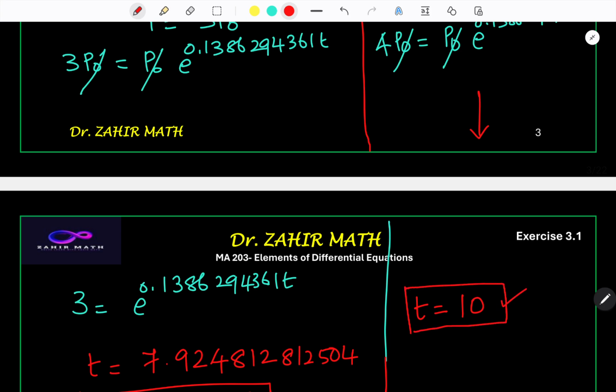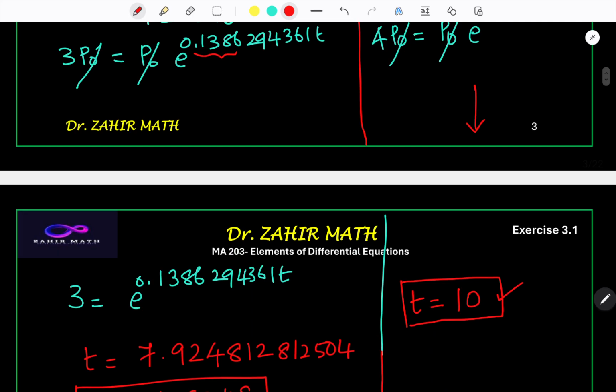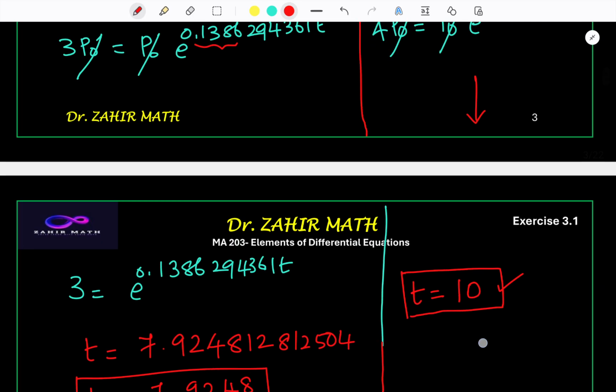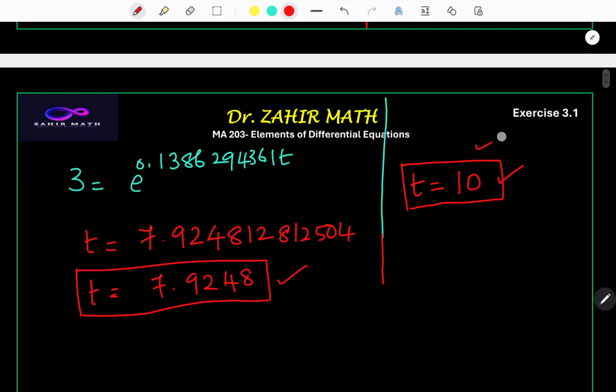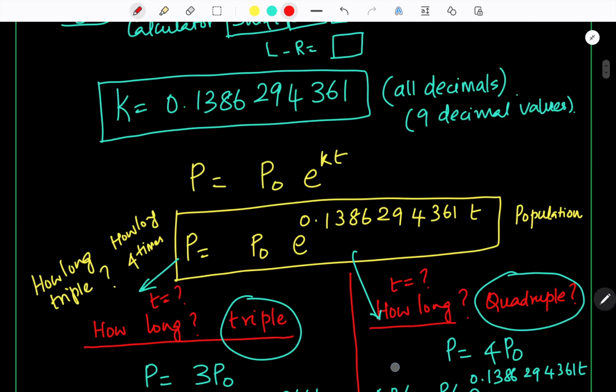In case you make an approximation in the beginning itself, with 1 or 2 decimal values, you won't get T is equal to 10. A different answer will come. So this is how to calculate the T value. Is it clear, this question? Very clear? Right. So let me recollect again.